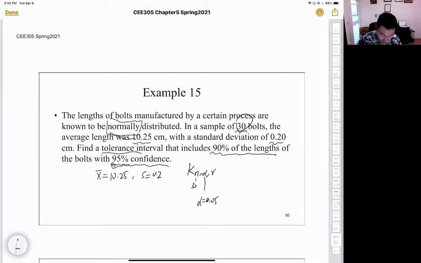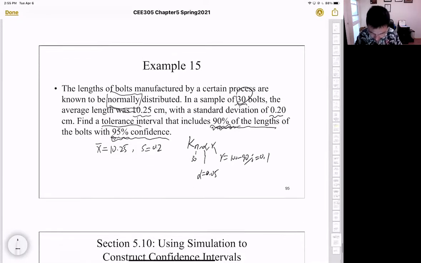And the gamma depends on the proportion of the boats included, 90%. So gamma will be 100 minus 90%, so that is 0.1.